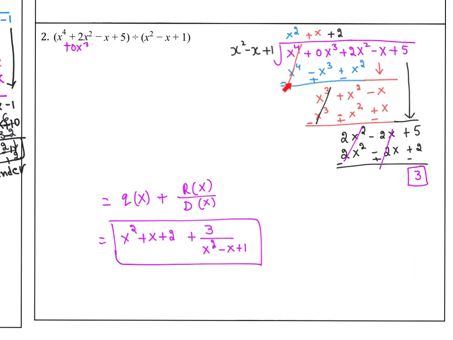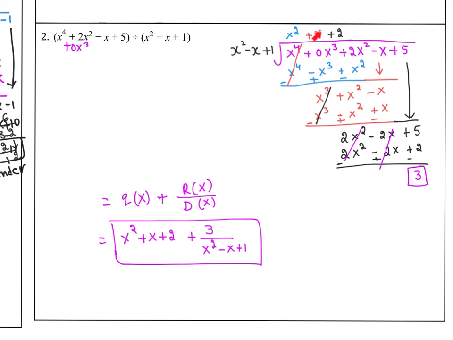x squared, negative x squared cancel. 0x plus 1x cubed is x cubed. 2x squared minus x squared is x squared. Bring down the negative x, and now you're going to choose a number that you multiply with this one, you get x cubed.